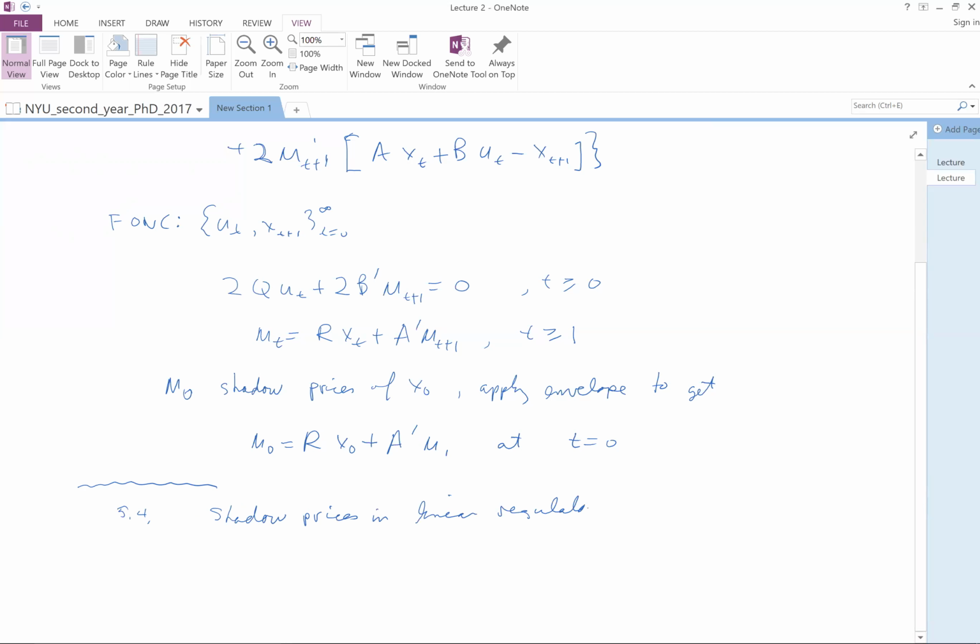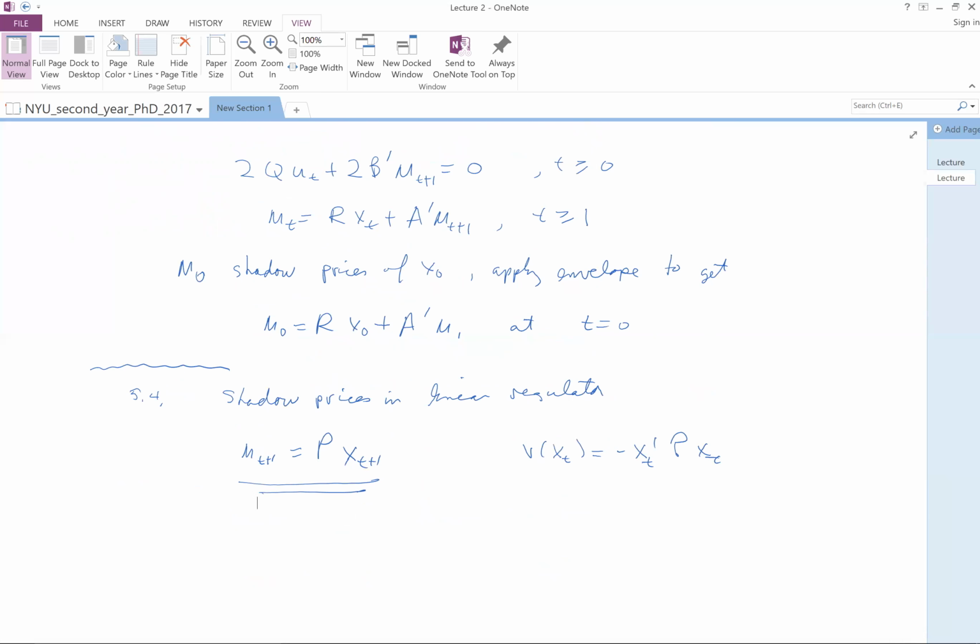And a very simple argument is gone through at that time to deduce a conclusion that we're going to use here. And it is that mu t, that shadow price, is related to the p in the value function that we derived last time by this equation.